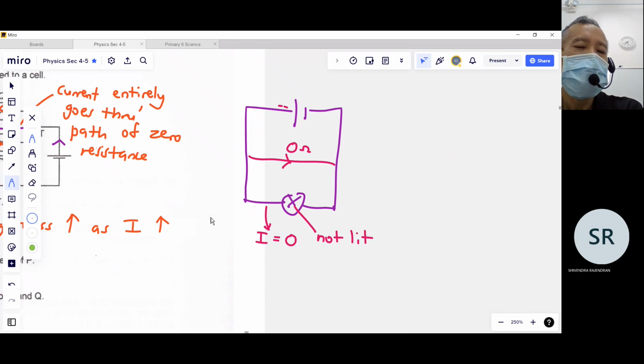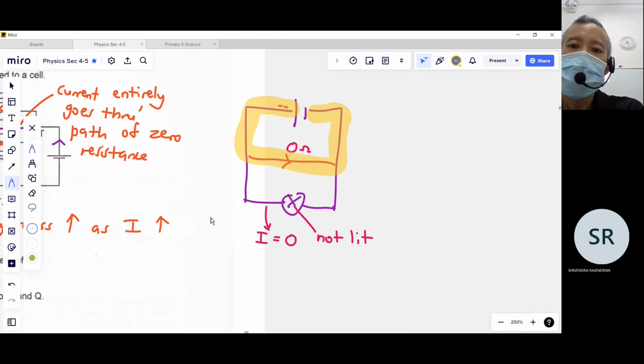That's not all. What else? Now look at my circuit. Where is my circuit now? It's here, no? What's the resistance in the circuit? Zero. What's my current then? Remember this good old formula?